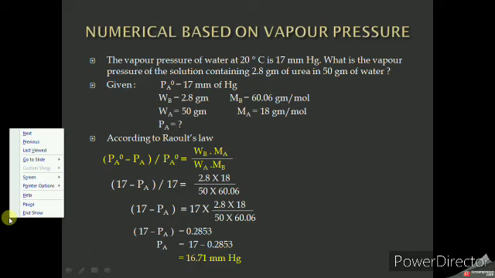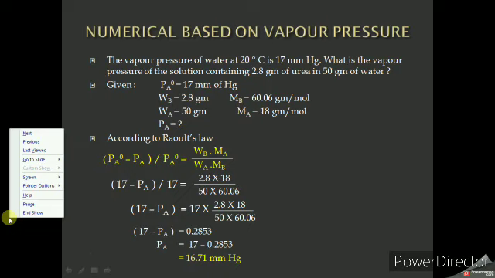And by using this given data you can calculate the vapor pressure of water. PA is to be calculated. So according to Raoult's law, relative lowering of vapor pressure is equal to PA0 minus PA divided by PA0, which is equal to WB into MA divided by WA into MB.